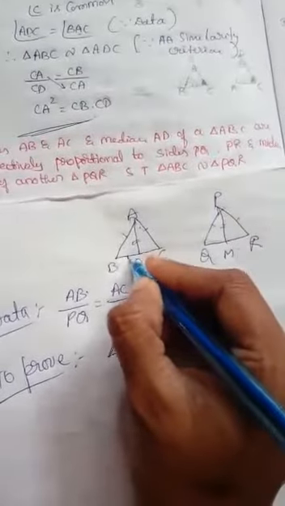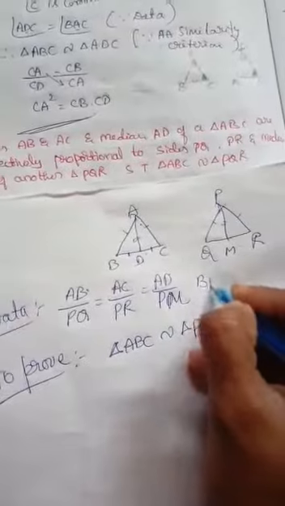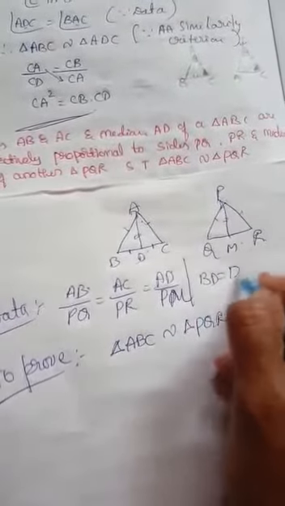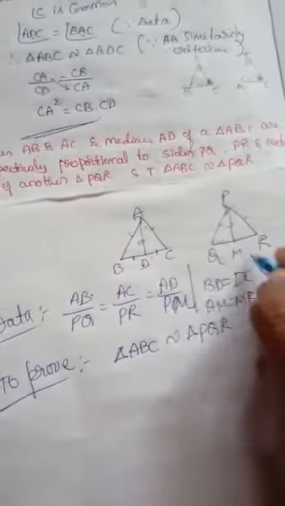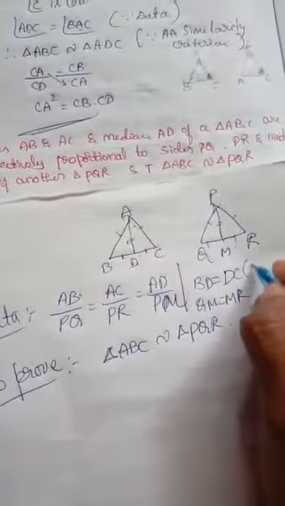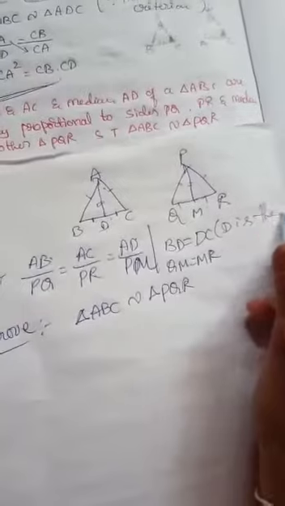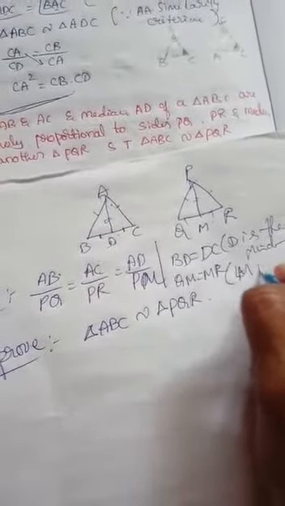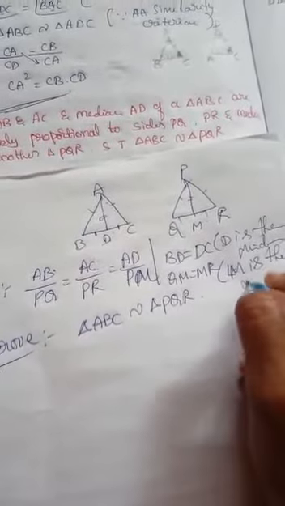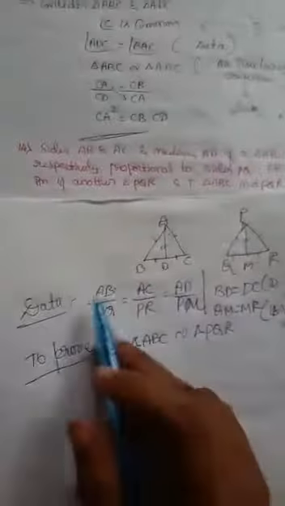Therefore, BD is equal to DC and QM is equal to MR, because D is the midpoint of BC and M is the midpoint of QR. So, this is the data, this is what is to be proved.